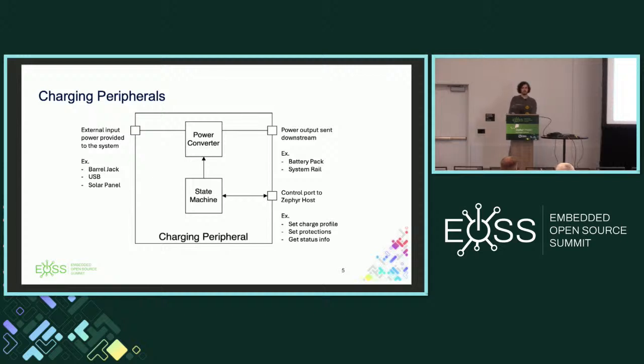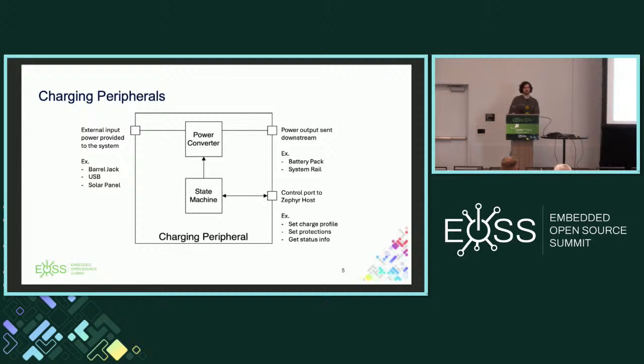It could be USB, BC 1.2, or USB PD. It could be renewables. Some really fancy charging devices have power muxes, and you can switch between the two. But generically, we provide some kind of external power into the charging peripheral that gets fed into a power converter.